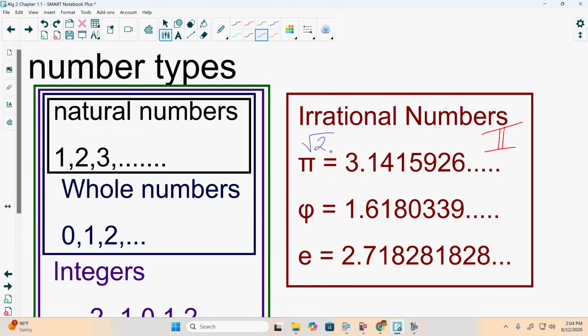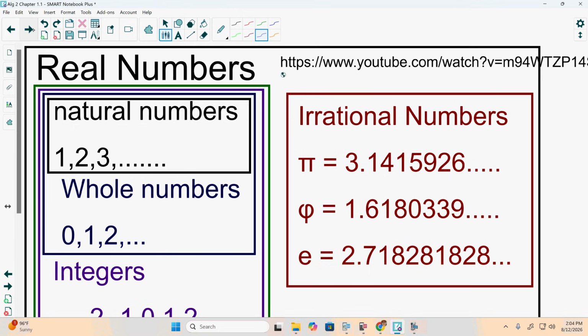Makes sense? Now, if you notice, all of these are contained in a box. A bigger box for all of this, yes? Because there's one more, and it is real numbers. All of these are real numbers. So if we say something's a real number, it could be irrational, rational, natural numbers, whole numbers, integers.